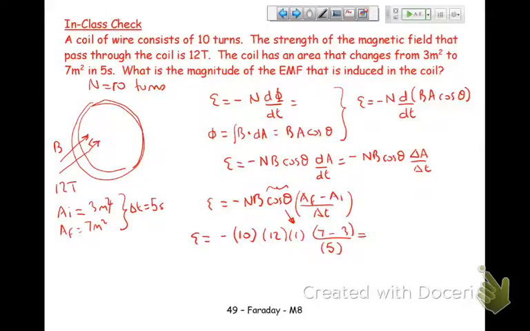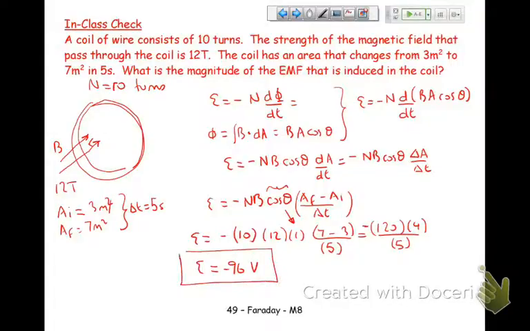So that's going to equal 120 times 4 over 5, which would equal 12 times 8, which equals 96, I think. Is that right? Yeah. 96 volts. And it's minus, of course. I'm just dropping my negative sign there haphazardly when I shouldn't. So that's that.